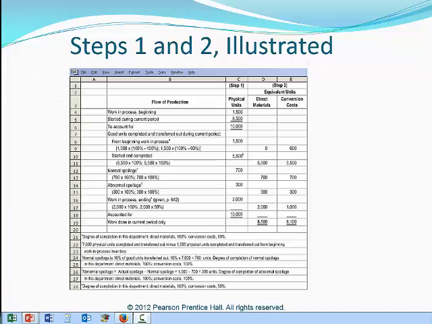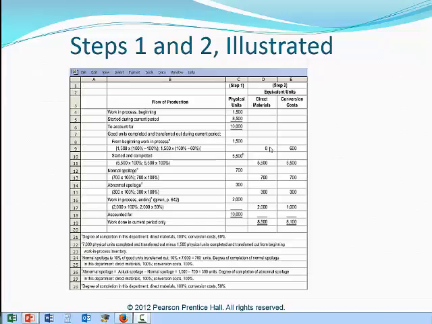And the way that we go about assigning the cost, we keep the FIFO direct materials and the FIFO conversion costs separate. So as to direct materials, because those 1,500 units got it in the prior period, we're going to give them 0%. So 1,500 times 0% equals 0 as to direct materials.